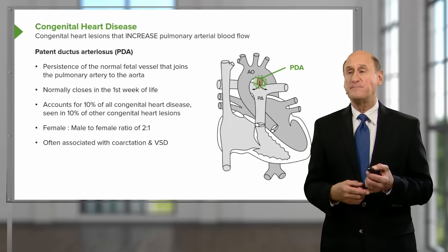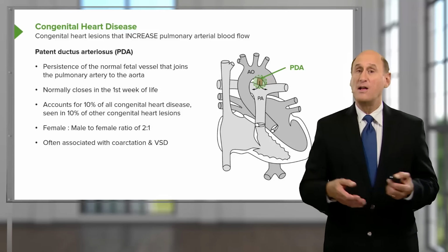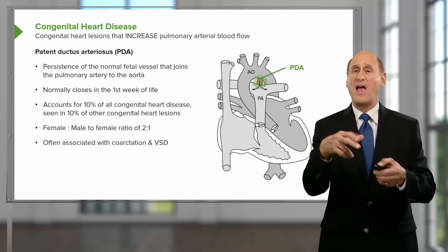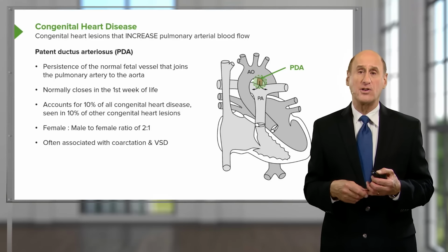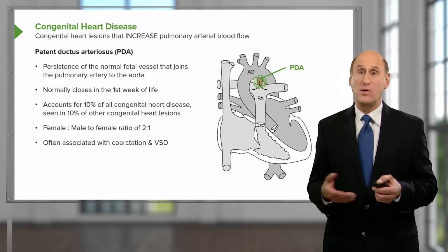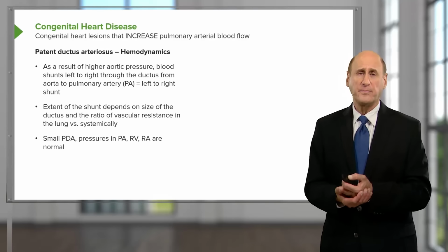This is closed, by the way, with an operation where you don't need the heart-lung machine. Why? Because you're not getting inside the heart. You're just tying off and dividing and separating the two halves of the patent ductus arteriosus. It was the first congenital heart lesion corrected by surgery because, of course, it was corrected before the heart-lung machine was available.